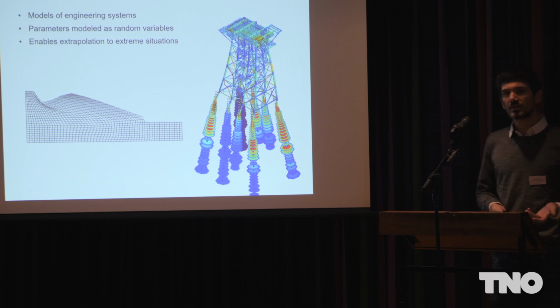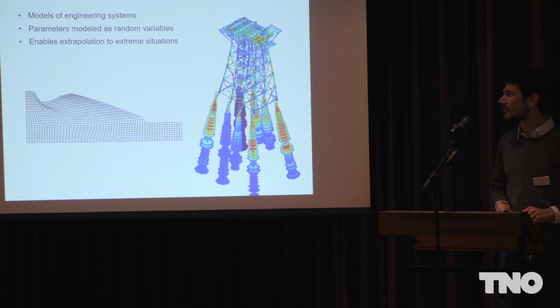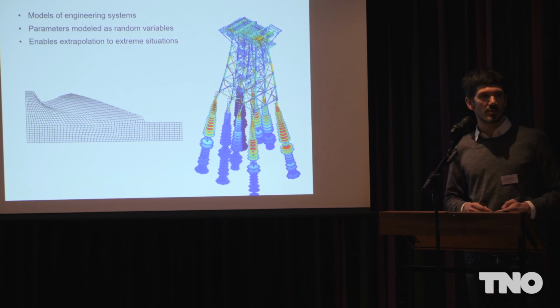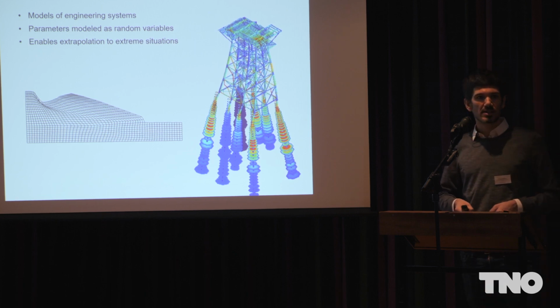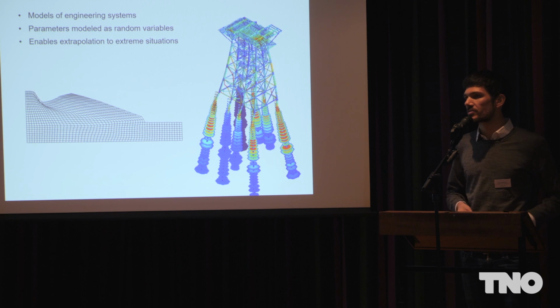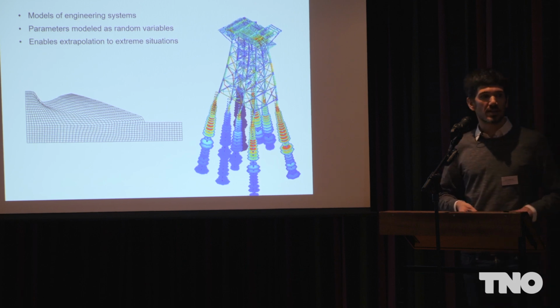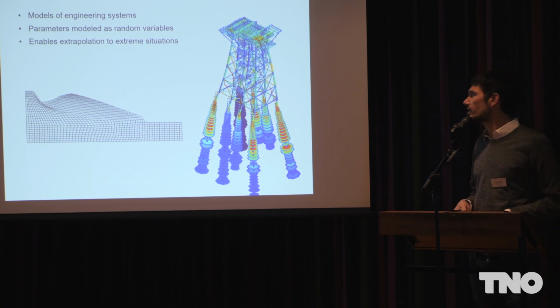And how do we do this? We do it using numerical models of the systems we want to assess. These models range from simple analytical expressions to highly complex numerical models that could be, for example, nonlinear finite element models that might need significant computational time to run.